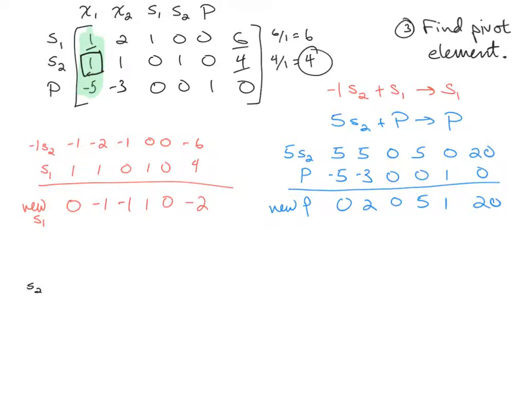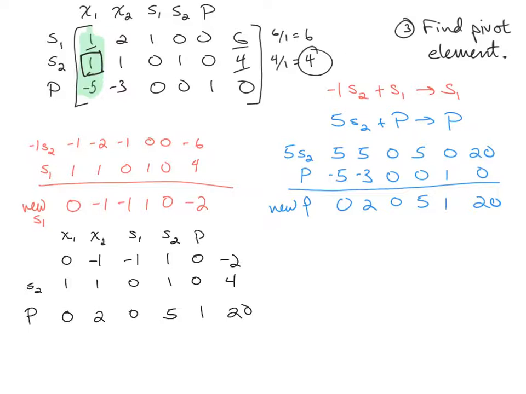I know S sub 2 hasn't changed, so it's 1, 1, 0, 1, 0, 4. The first row changed: 0, -1, -1, 1, 0, -2. And the last row changed. What do we have? 0, 2, 0, 5, 1, and 20. So x sub 1, x sub 2, s sub 1, s sub 2, and p.